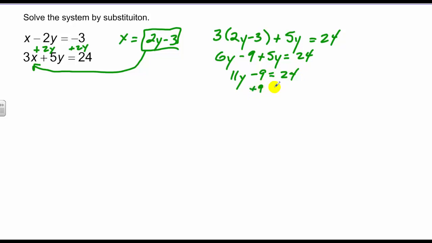Adding 9 to both sides, I get 11y is equal to 33. Dividing by 11, I get y is equal to 3.